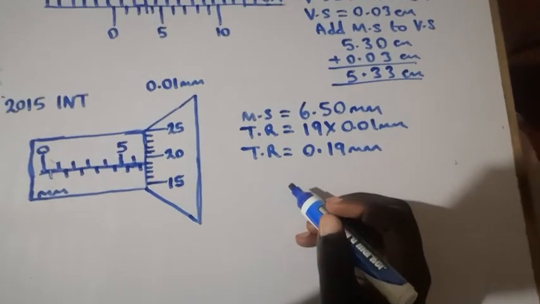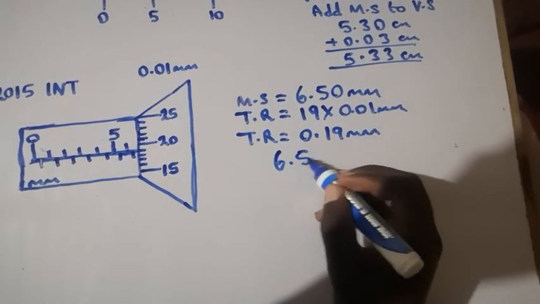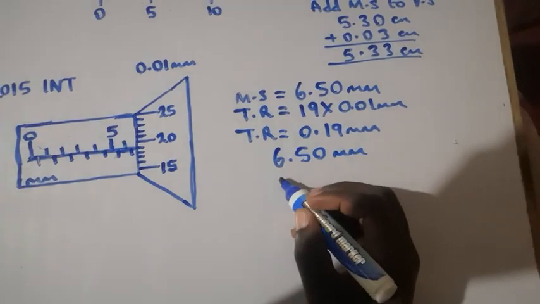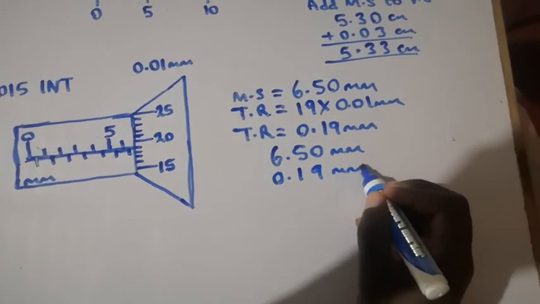We have to add the two. So 6.50 millimeters plus 0.19 millimeters.